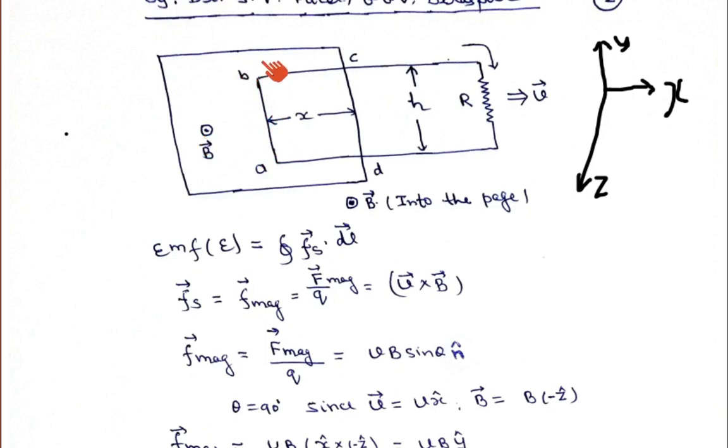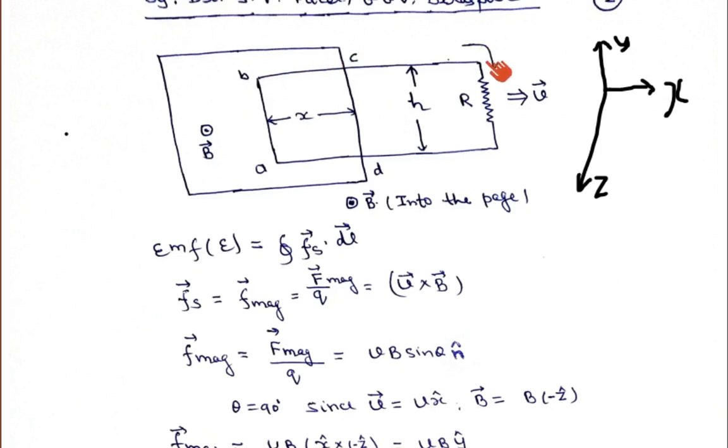So for the AB segment this term will survive. For BC, the displacement is along the plus x unit vector but the force is along the plus y direction. The y unit vector dot x unit vector is equal to 0, so this magnetic EMF term will not survive for BC.